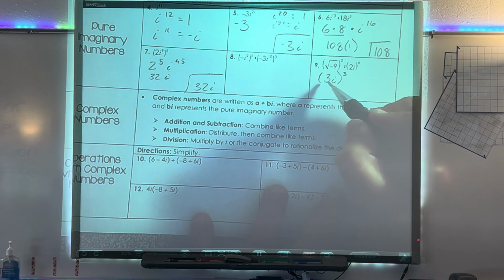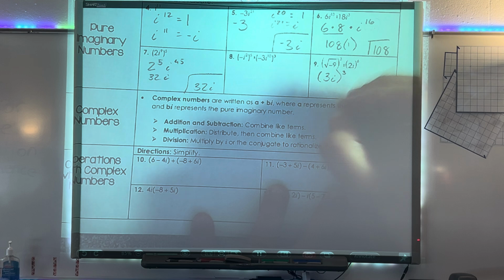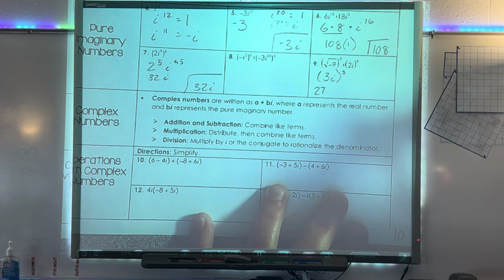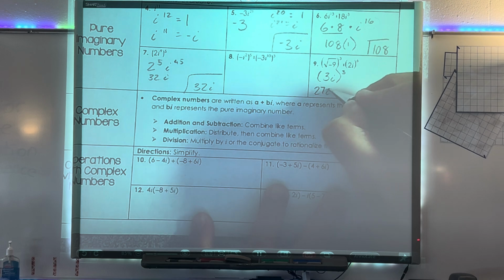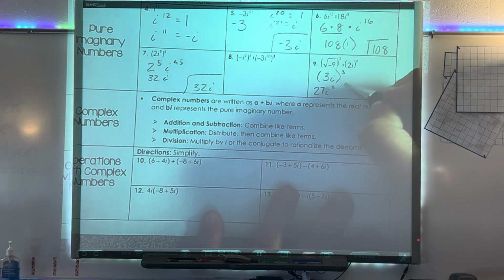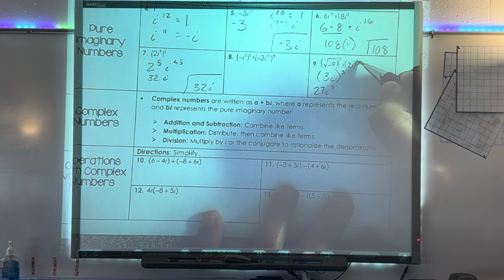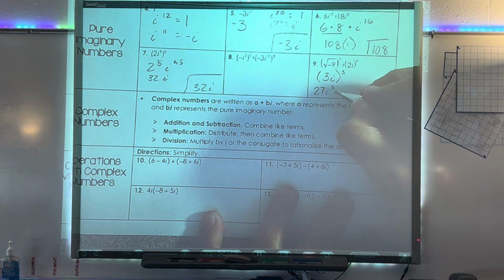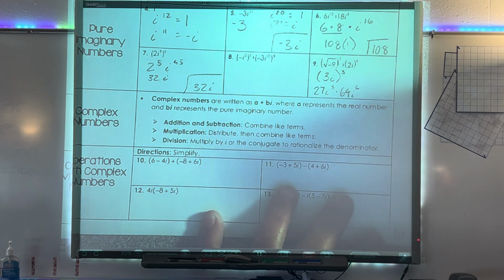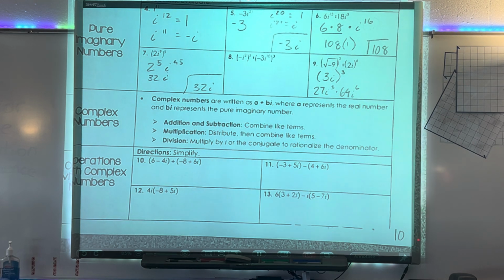So when I do 3i cubed, 3 cubed is going to be 27 and i cubed. Are y'all okay there? Yes. And then this is going to be 2 to the 6th. 2 to the 6th is 64. So I'm going to multiply that, 64, and this would be i to the 6th, which means I have a total of i to the 9.